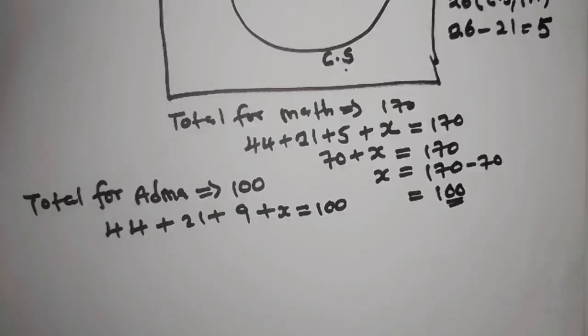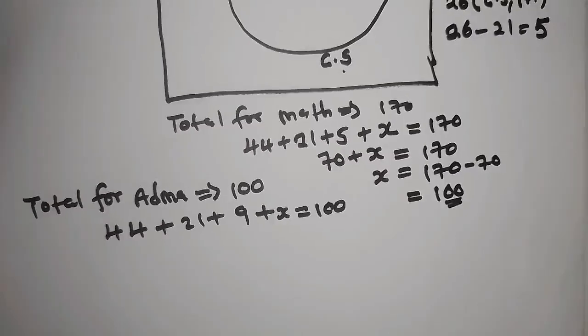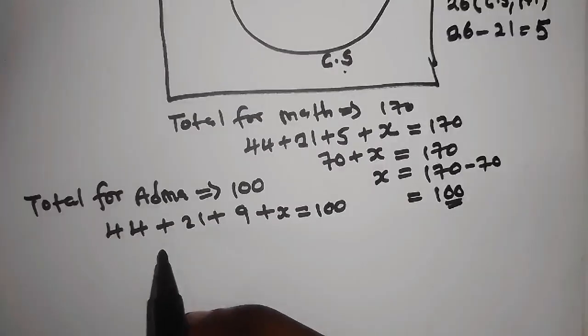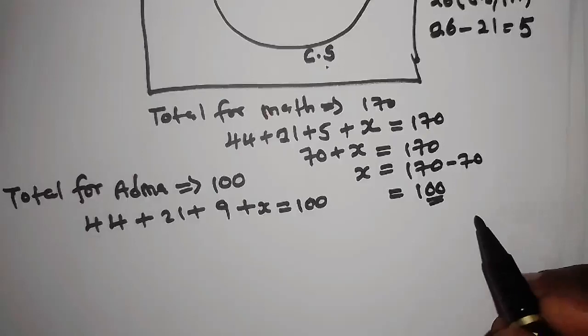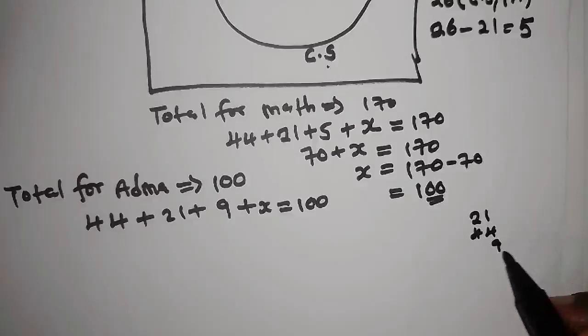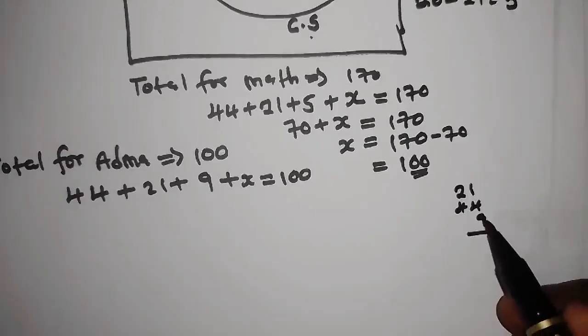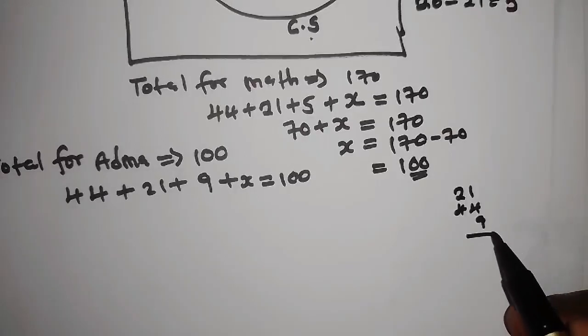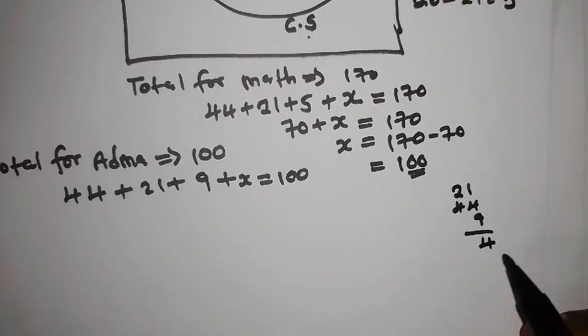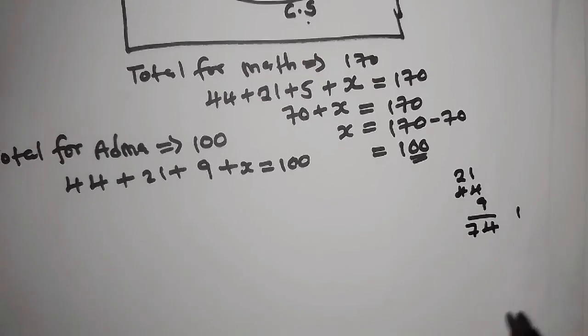Okay, so once you just do everything, you're going to get, this is 21. So let's just add them. It's 21, 44, 9. Okay, so this is 5. 5 plus 5 plus 9. Okay, that is 14. Then this is 6. Plus this, 74.